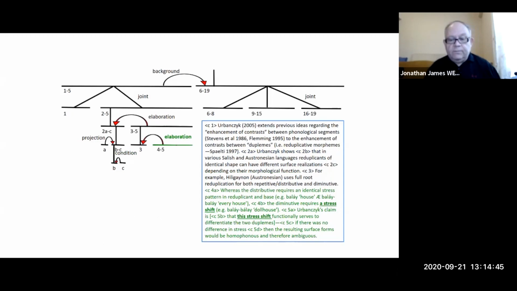3 through 5. All right, now let's take a look at it. In 4, whereas the distributive requires an identical stress pattern in reduplicant and base. I'm reading 4A, that part there, all right? I'm going to skip what's in parentheses.